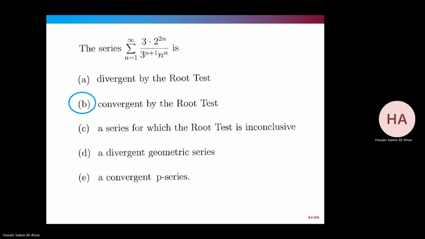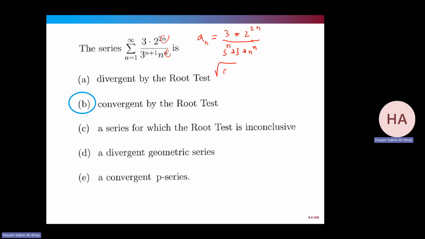I have powers here. So for sure, the root test will come to my mind. So I need a_n, 3 times 2 to the power 2n over 3 to the power n times 3 times n to the power n. So it will be the nth root.